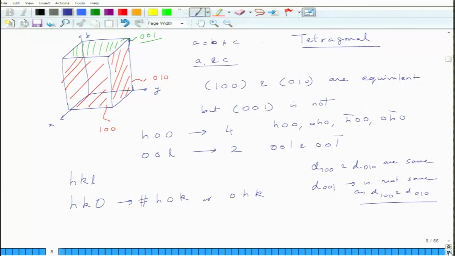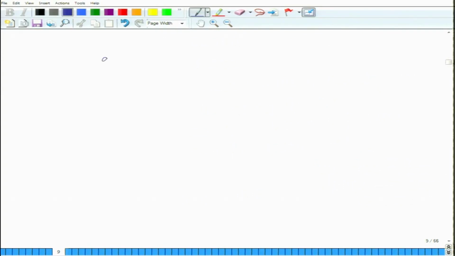So, the formula that we saw, D equal to A divided by square root of H square plus K square plus L square, is valid only for cubic.